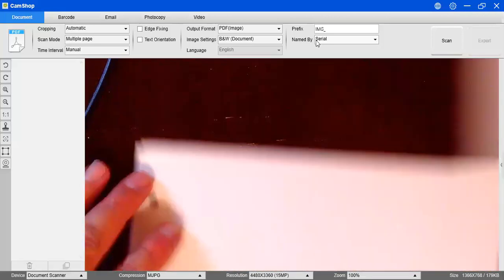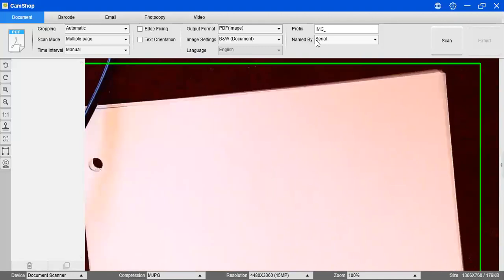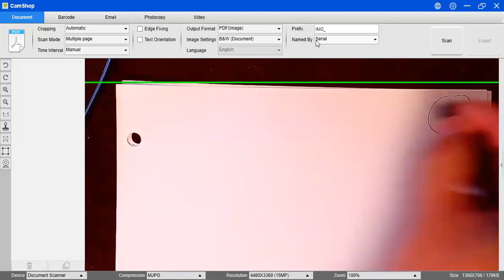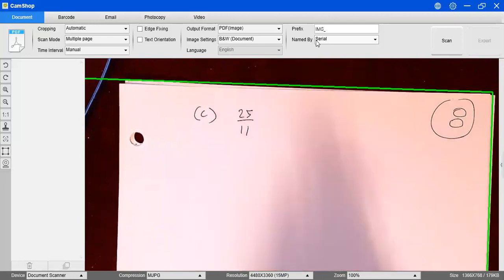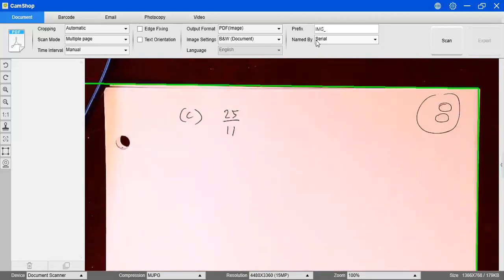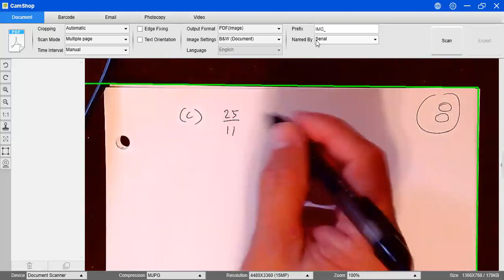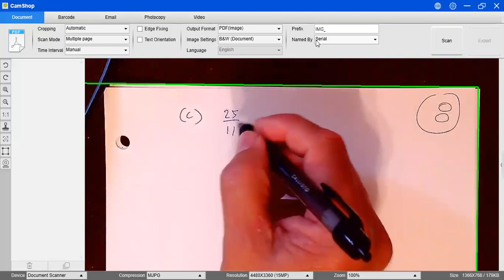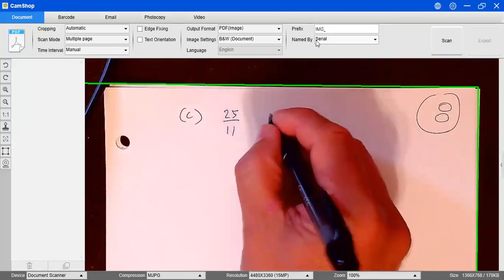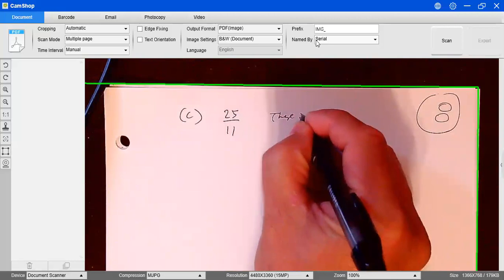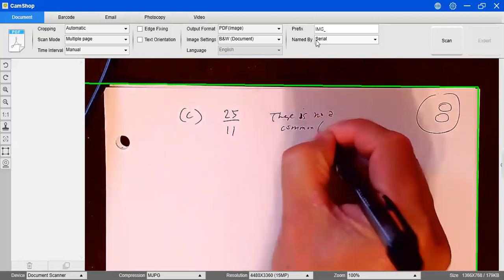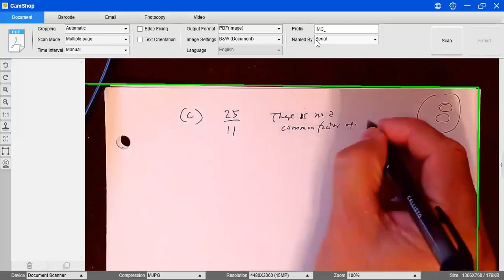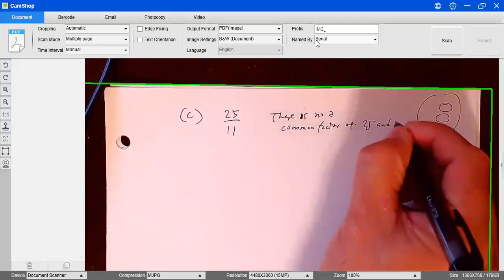So we're gonna have now part C. We're gonna reduce 25 over 11. So you can check all your times tables, and you're not going to find a way to represent this in a way that you're gonna get a common factor. So there is no common factor of 25 and 11.